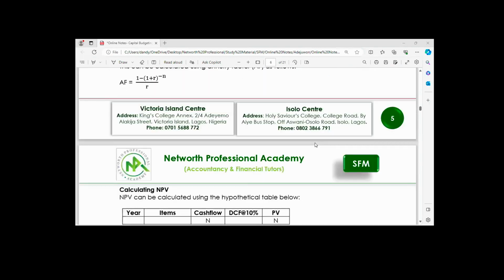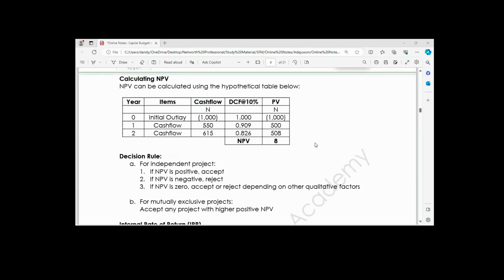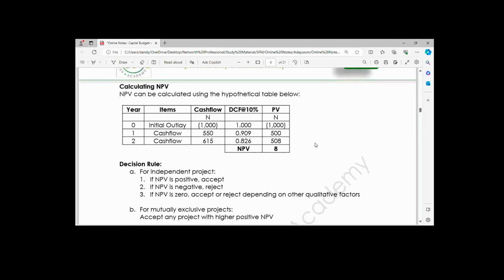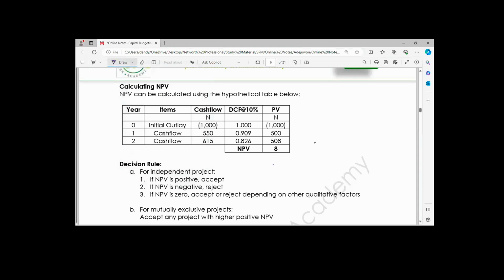If you want to calculate net present value using the formula, NPV is calculated as the present value of cash inflow minus the present value of cash outflow. That will give you the net present value.